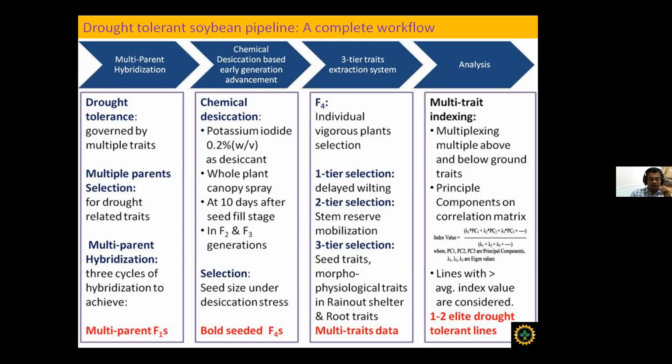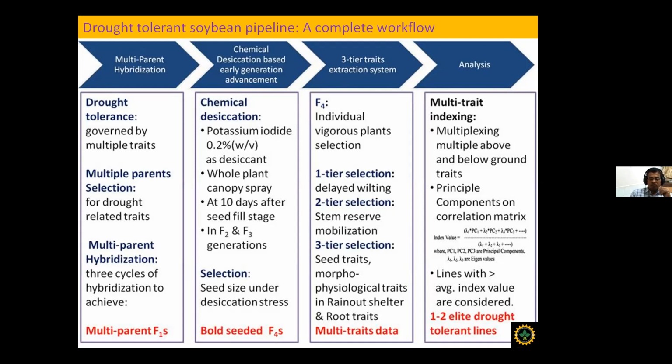And finally, in F4, what you will get are the bold seeds. In this F4 generation, we follow individual vigorous plant selection in large number, and in the coming generation, like F5, we follow a three-tier trait extraction system.